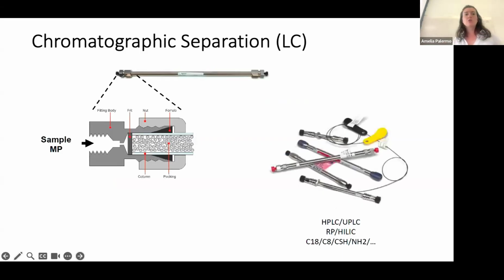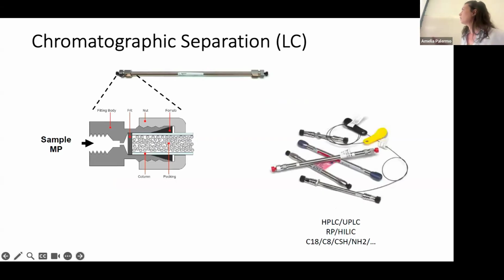The foundation of this separation is based on the affinity of the molecules for the stationary phase, which usually looks like those spheres that you see in this column, and the mobile phase, which is the mixture of solvents, and the gradient of how those change while the chromatographic run advances.